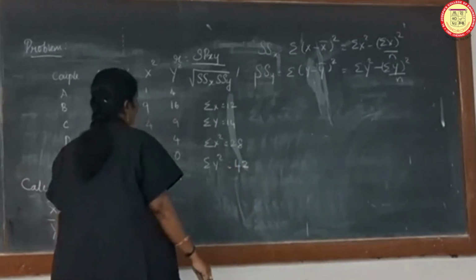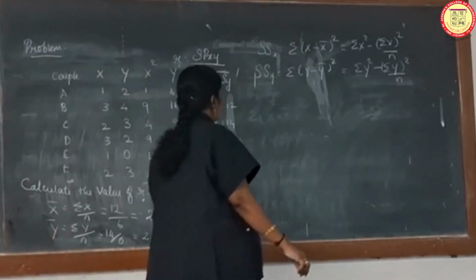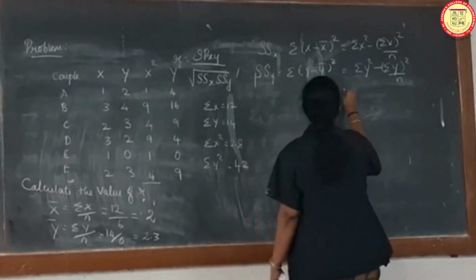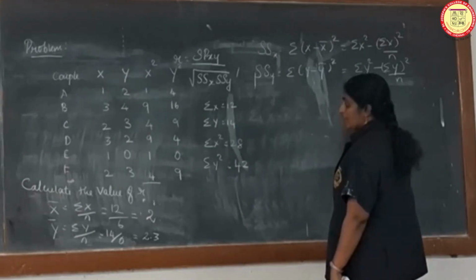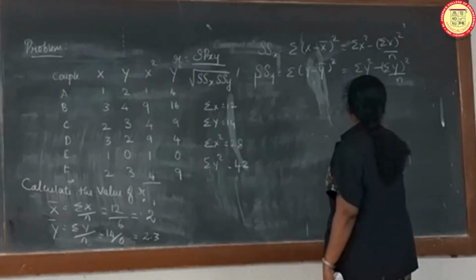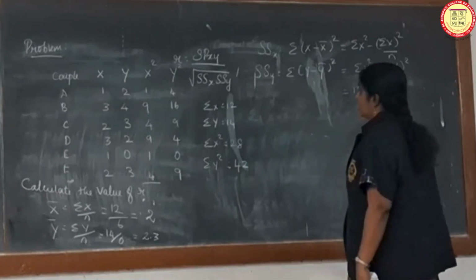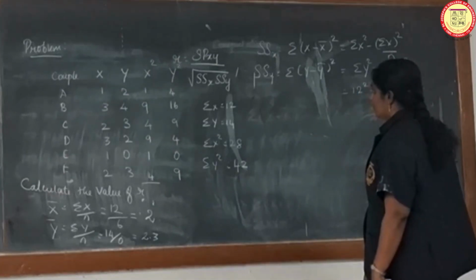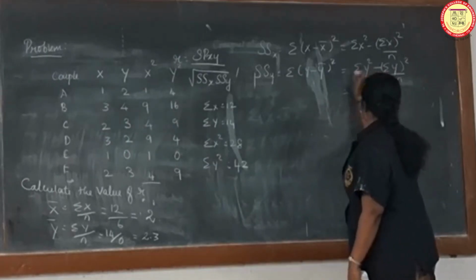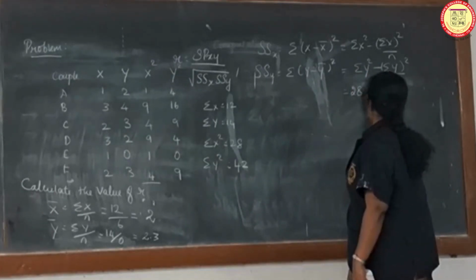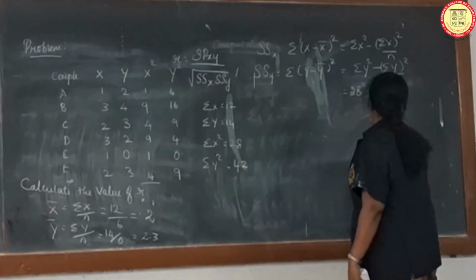Okay, so now you have all the values, right? Now you have to substitute the values here. Summation x square is 28, minus summation x the whole square, 12 square, divided by 6.